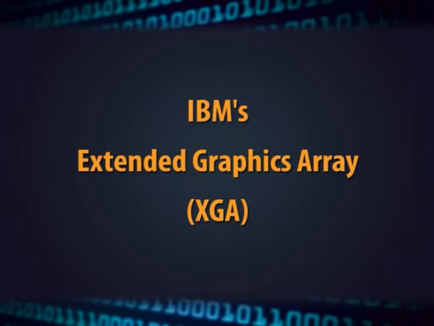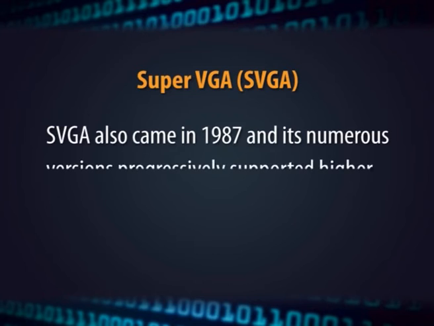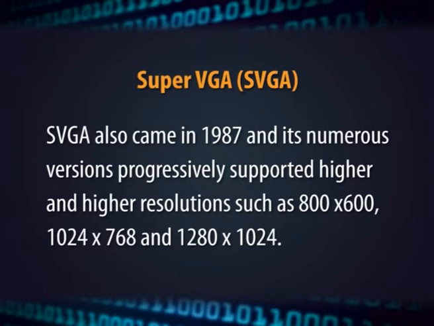It was officially followed by IBM's extended graphics array XGA standard, but was effectively superseded by numerous extensions to VGA made by clone manufacturers. These were collectively known as Super VGA or SVGA. SVGA also came in 1987 and its numerous versions progressively supported higher and higher resolutions such as 800 by 600, 1024 by 768 and 1280 by 1024.